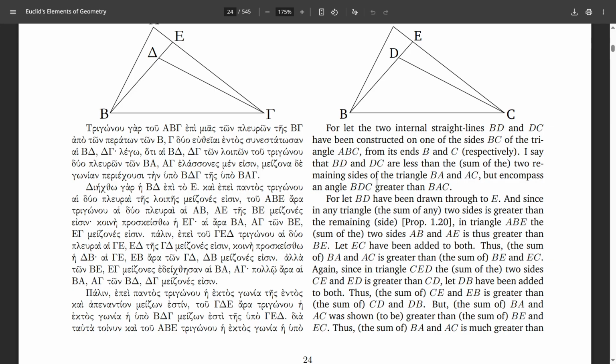BDC is greater than the angle of BAC, if I write the symbols in the right way. That's what we're throwing down as our idea.